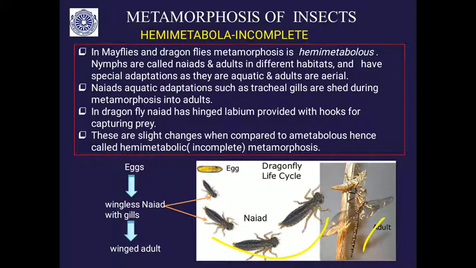These gills are shed during metamorphosis into the adult. In the dragonfly, the naiad has a hinged labium, the lower lip has a hook-like structure, and this is used for capturing prey. Those are absent in the adult. This is how the naiad is different from the adult.